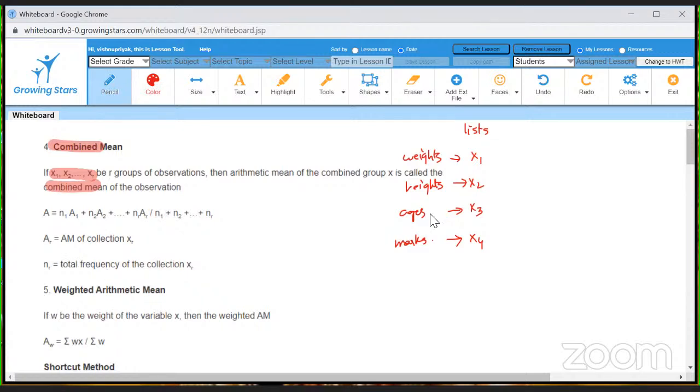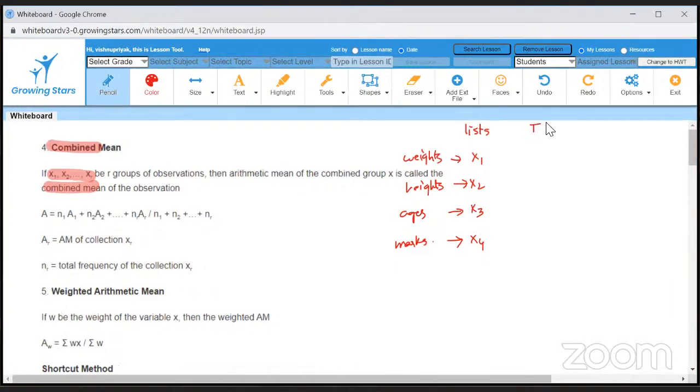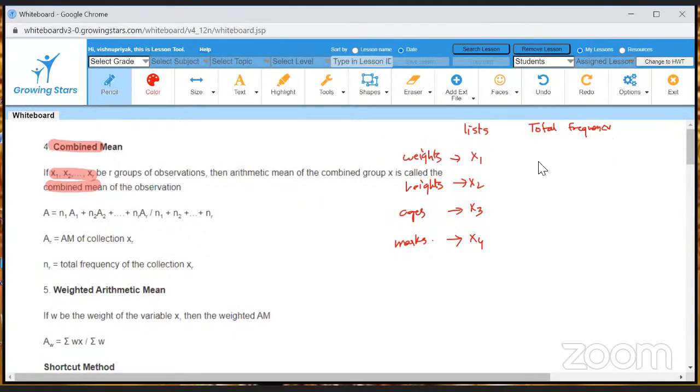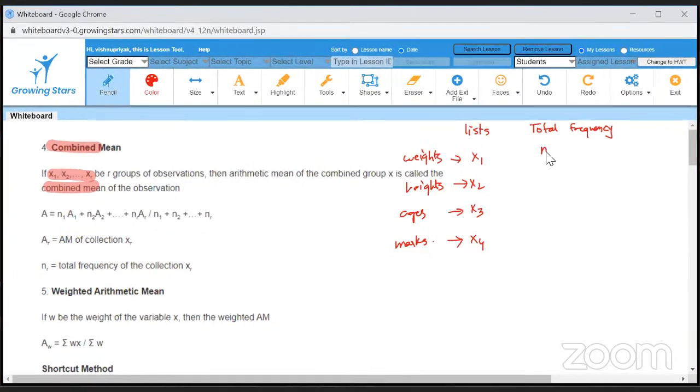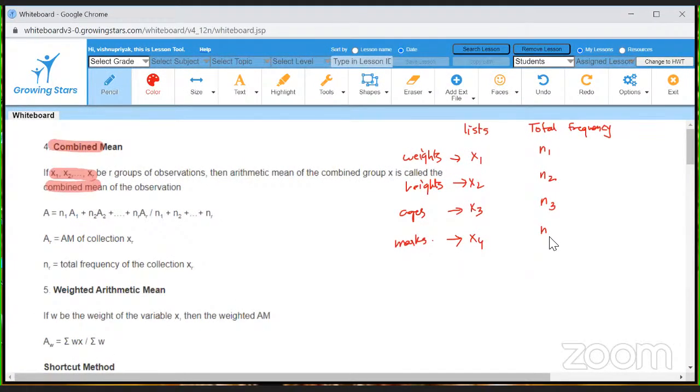I have the total frequency for each list. N1 is the total frequency for the first list, N2 is the total frequency for this list. Total frequency means what?